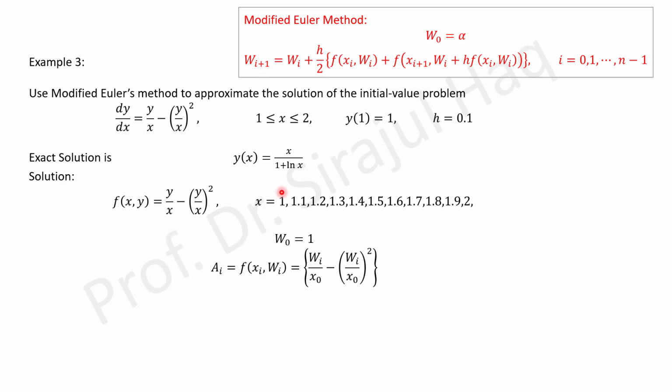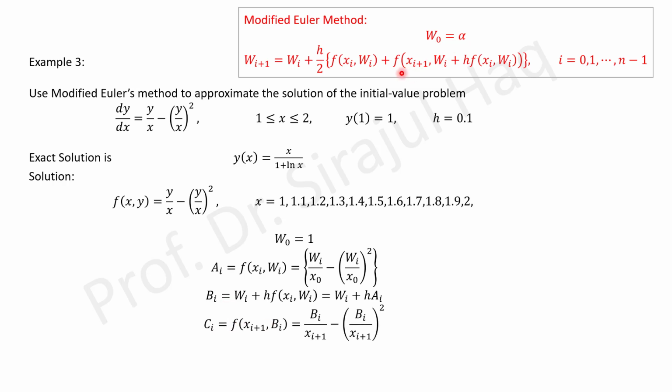Accordingly, Ai is equal to f of xi, wi. Bi is wi plus h into f of xi, wi. But f of xi, wi I denoted by Ai, so this is wi plus h into Ai, which is the simplified expression.